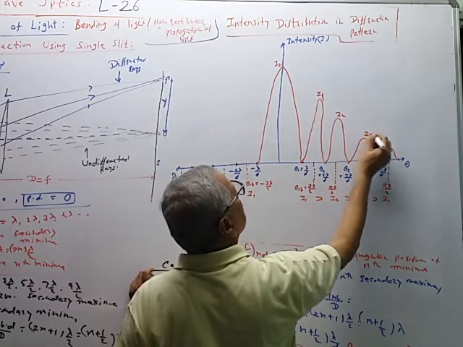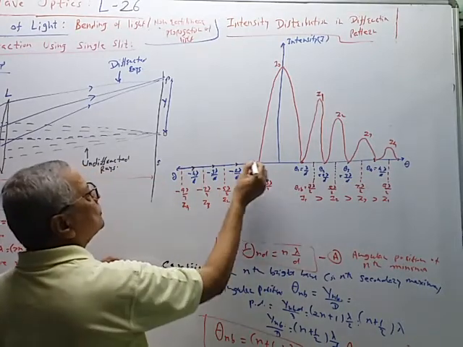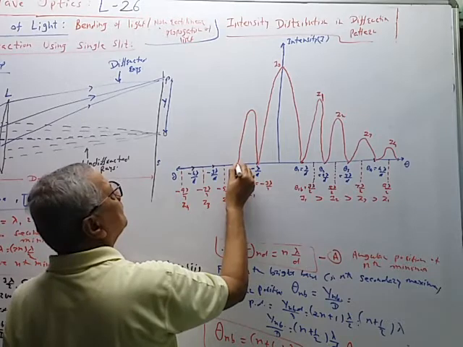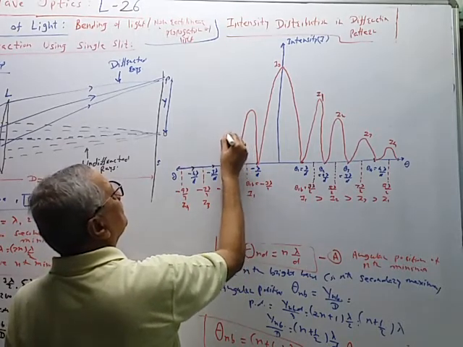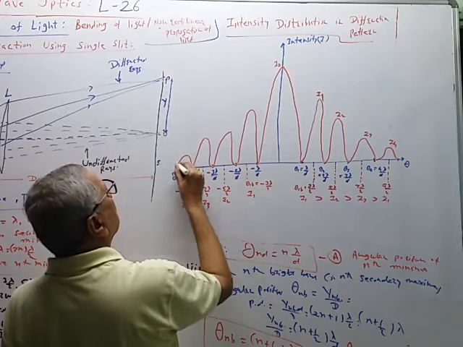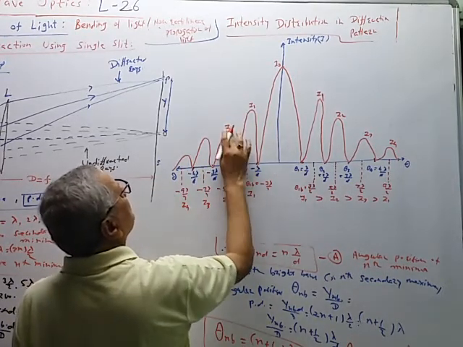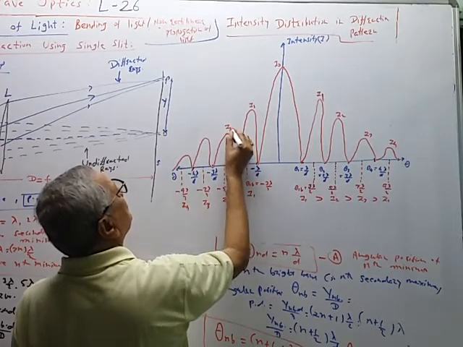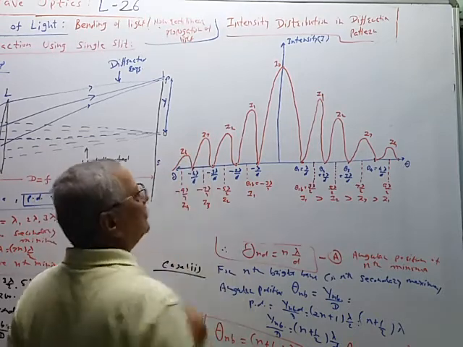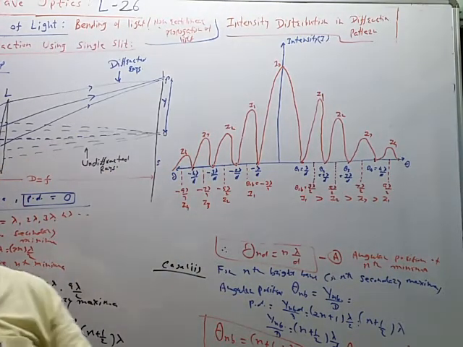This intensity is I3. This intensity is I4. The graph is symmetric on both sides. So this intensity is I1, I2, I3, I4. So this is the intensity distribution graph like this.